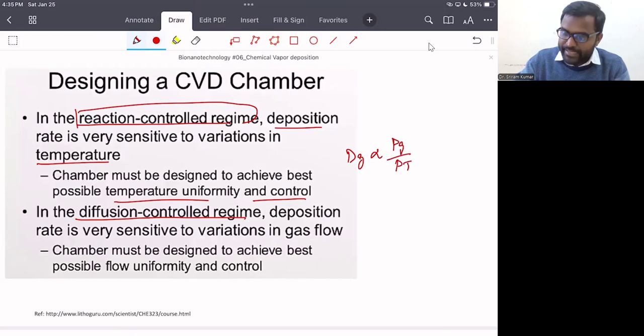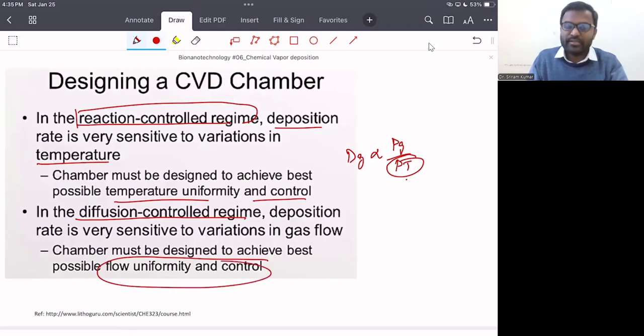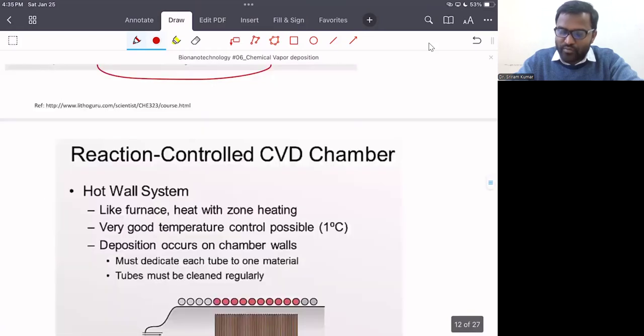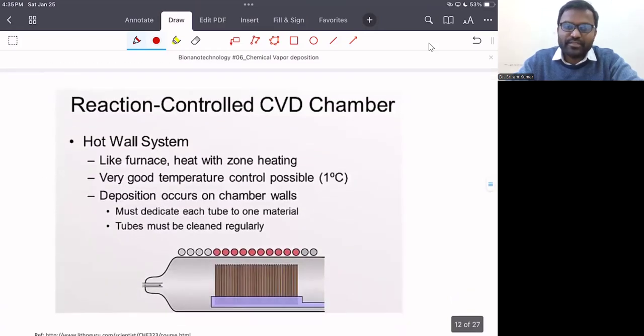So if we control the overall total pressure, we can control the diffusion, and based on that, we will have control over the deposition. In the diffusion control process, we can have a design where we have a uniform flow of the precursors on the substrate.